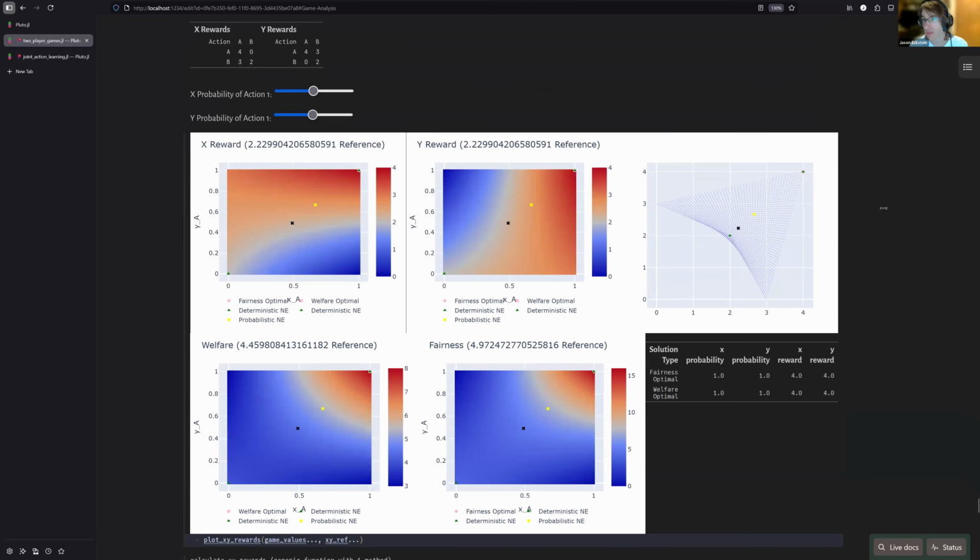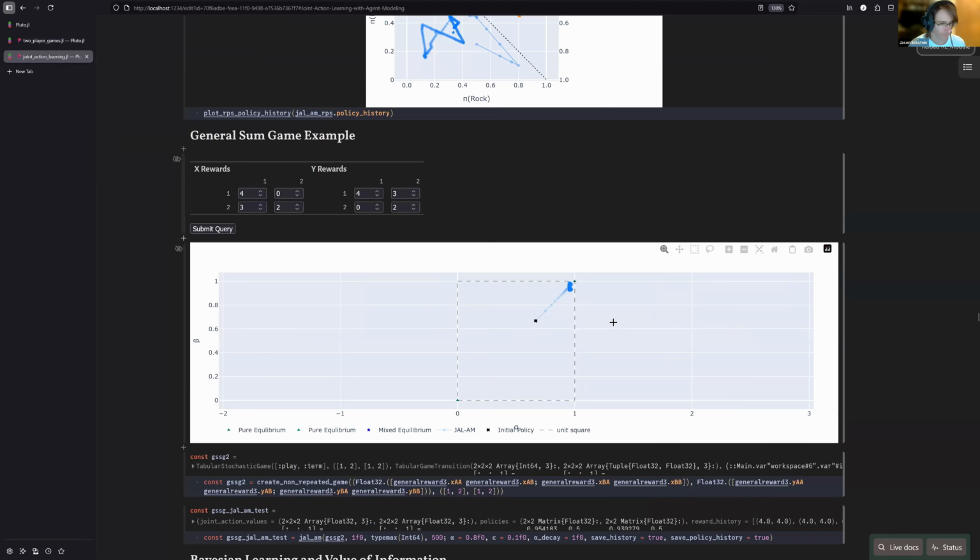Because you can get an exact solution, this game has a deterministic equilibrium, meaning that there's a probability of 1 that both players do the same exact thing every time. And there also is a single mixed equilibrium where each agent selects the first action with a 2/3 probability.